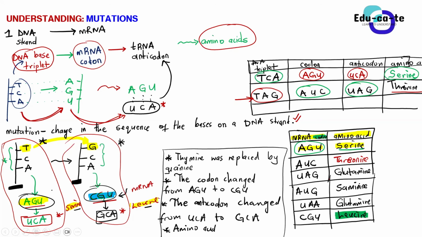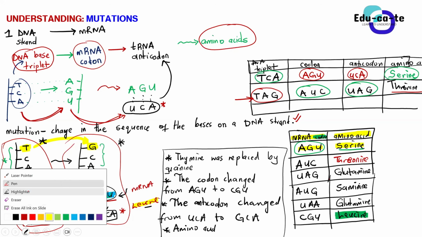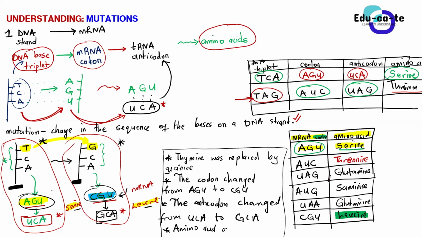So the amino acid that has been coded for at first also changed, from serine to leucine. So do you guys see how a mutation has an effect on the amino acid that is being coded for?